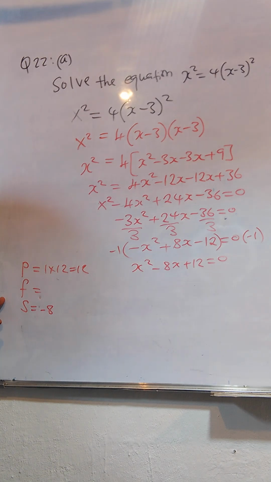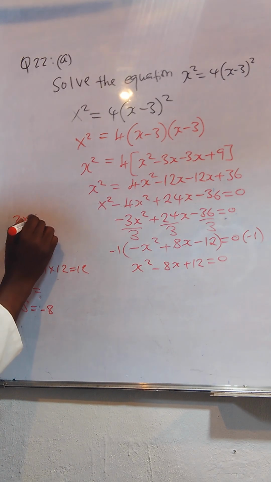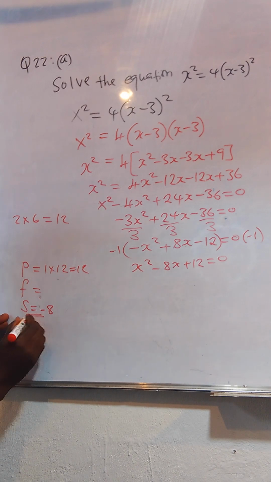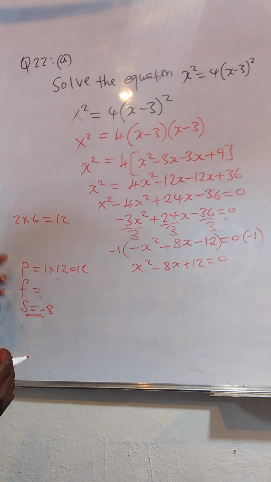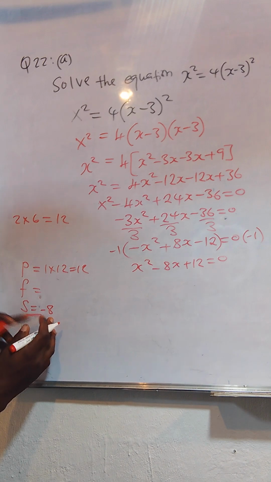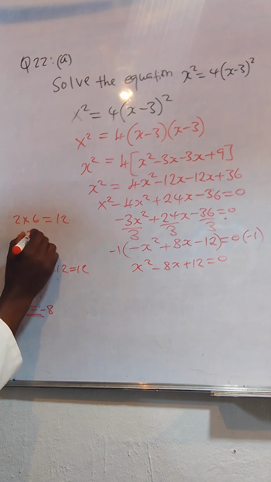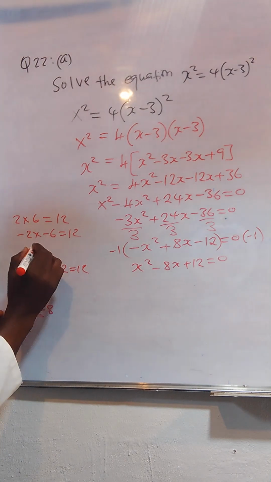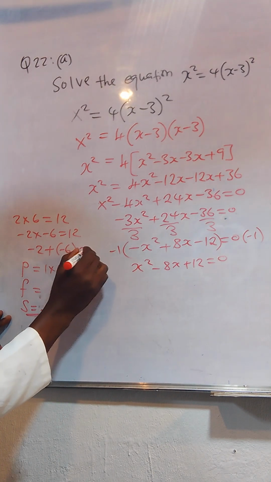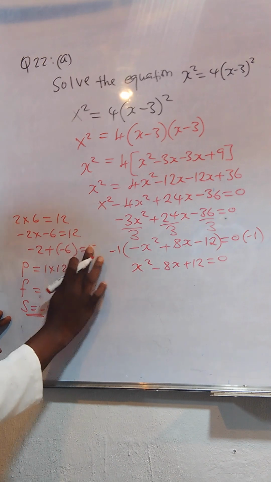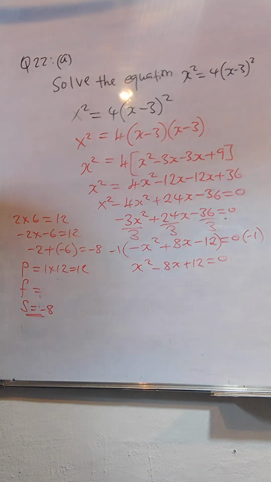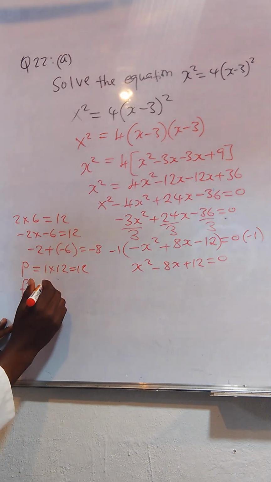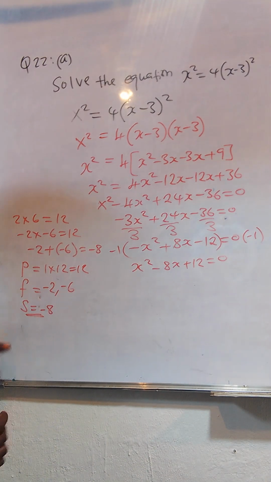So we know that 2 times 6 equals 12, and the sum is when you add the two numbers, you should be able to get negative 8. So this can also give us positive 12, and this is going to be negative 2 plus negative 6, giving us negative 8. So now it appears that the factors are negative 2 and negative 6.